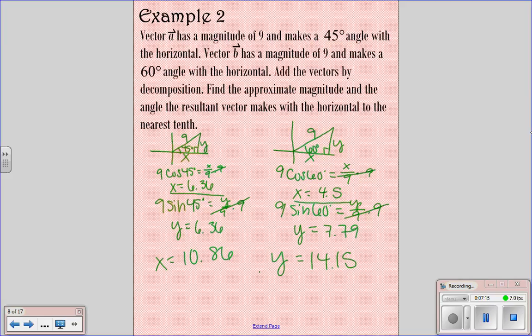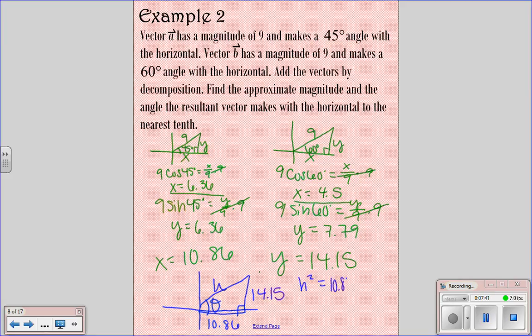So we draw it again. And our x component and our y component we know. So our x is 10.86 and our y component is 14.15. We need to find the angle here and the hypotenuse, which is our magnitude. So the hypotenuse, we're going to use Pythagorean theorem.